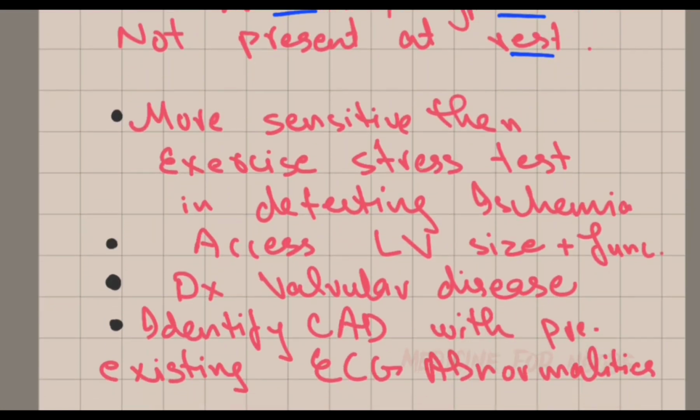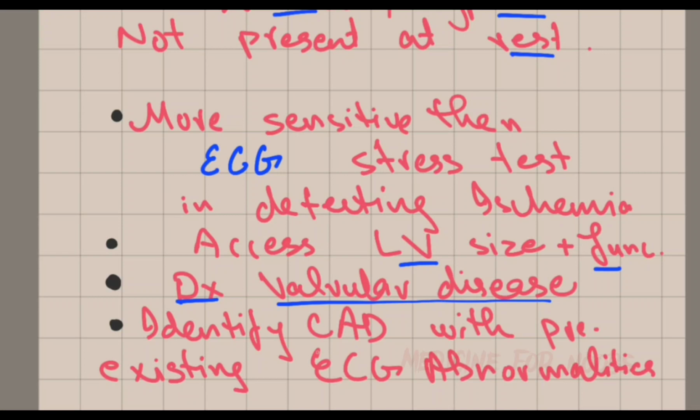This is more sensitive than the ECG stress test in detecting ischemia, as by this we can assess the LV, left ventricle, size and function. Also we can diagnose if there is any valvular disease. It can also be used to detect coronary artery disease in patients with pre-existing ECG abnormalities.